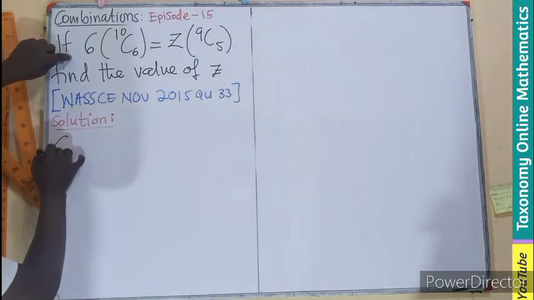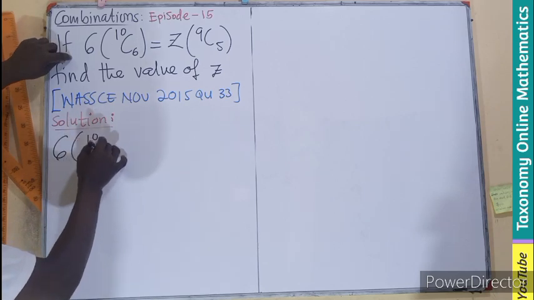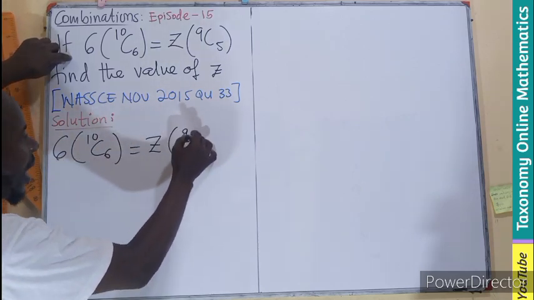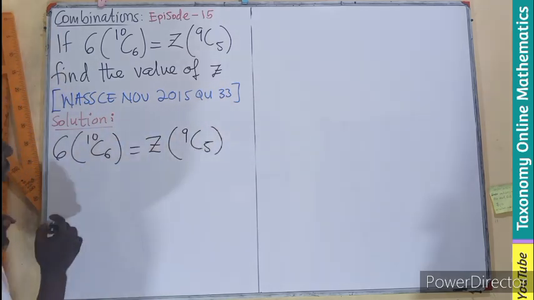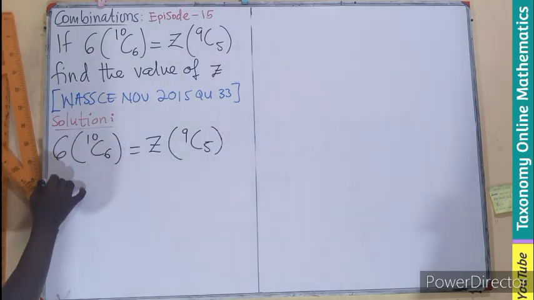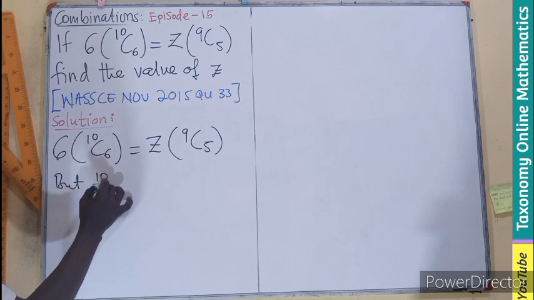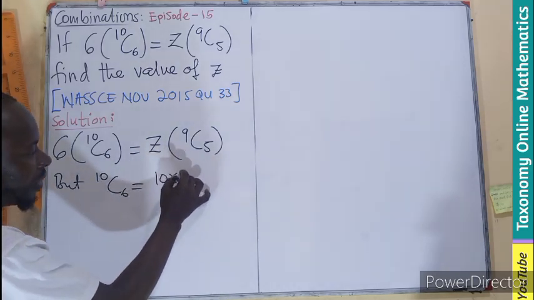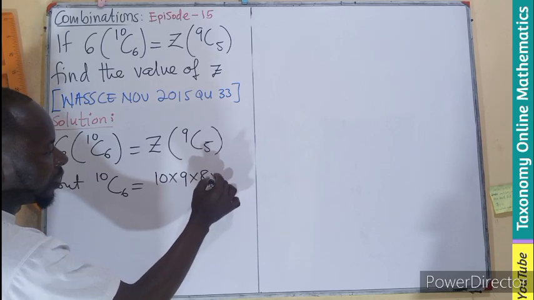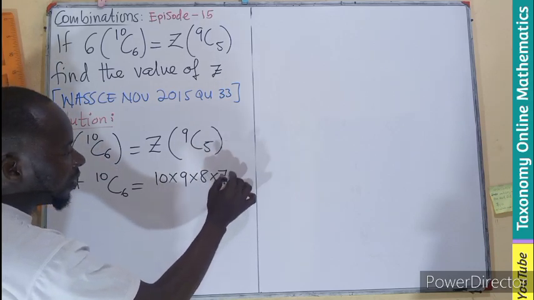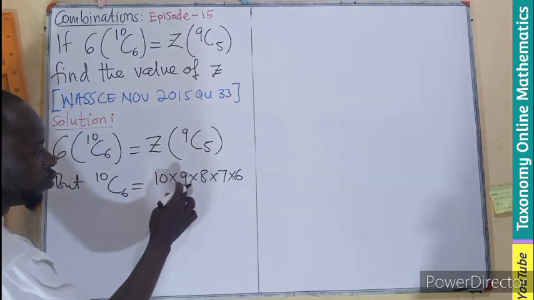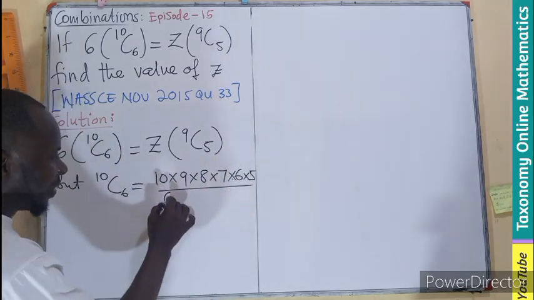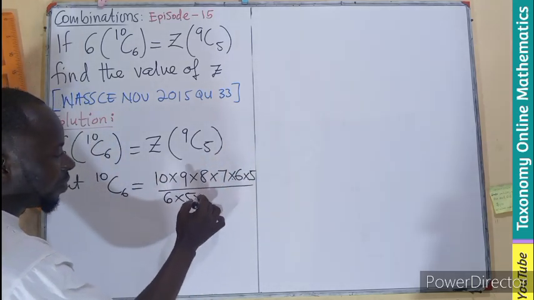So we are having 6 multiplying 10 combination 6 equals z multiplying 9 combination 5. Let's begin with this. We can just say that we are picking 10 combination 6, which is 10 times 9, 8, 7, 6 over 1, 2, 3, 4, 5, 6.